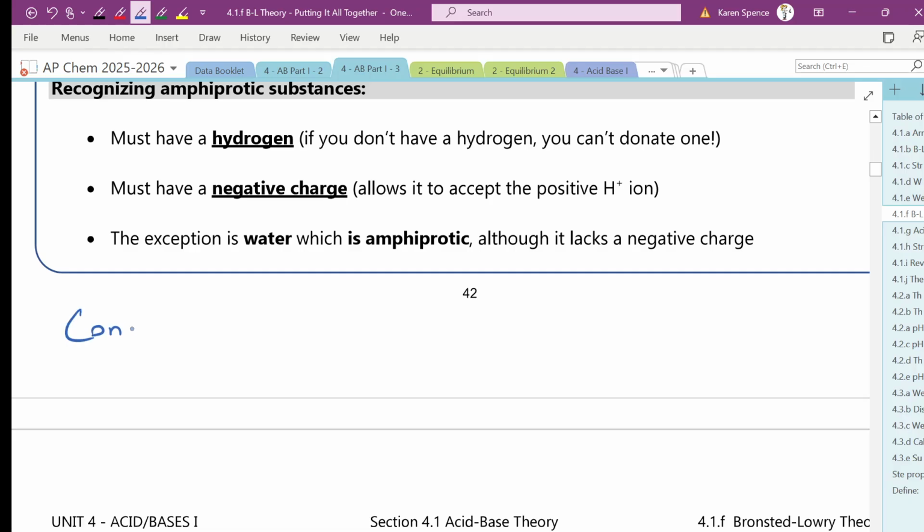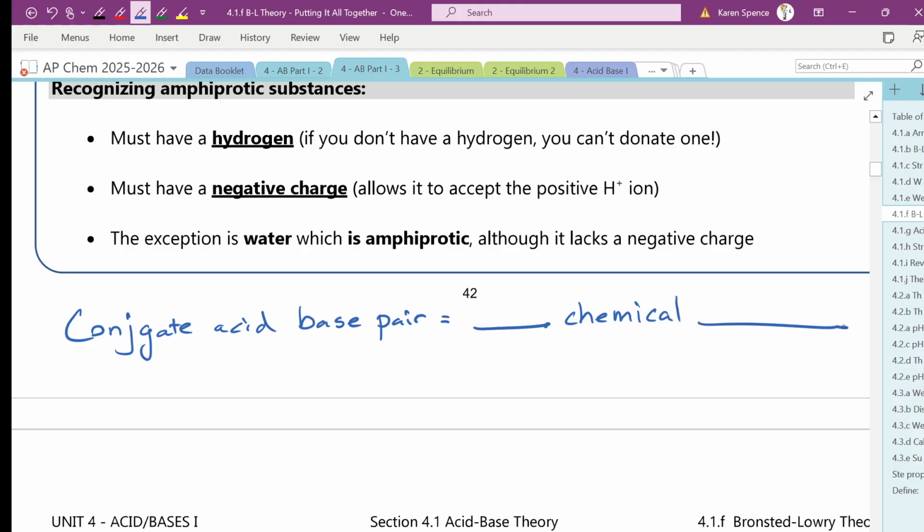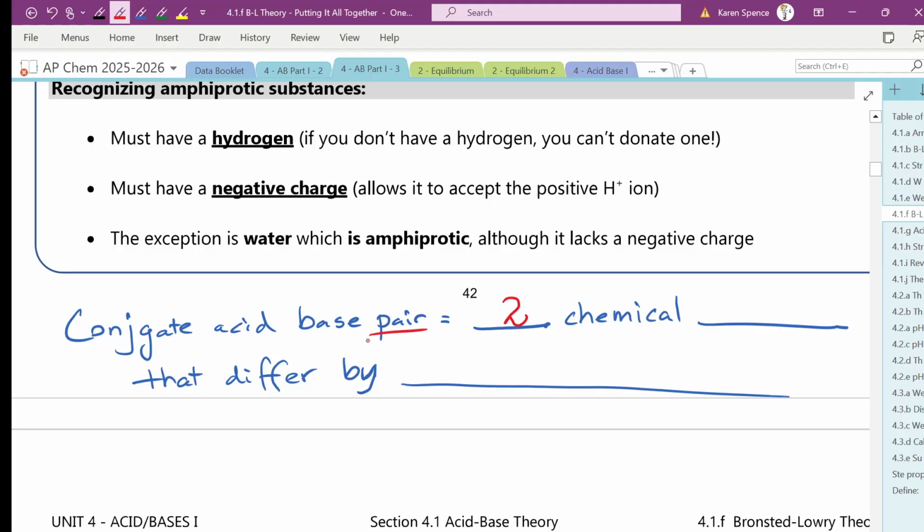A conjugate acid-base pair, how many chemicals? 2, because we're dealing with a pair, right?